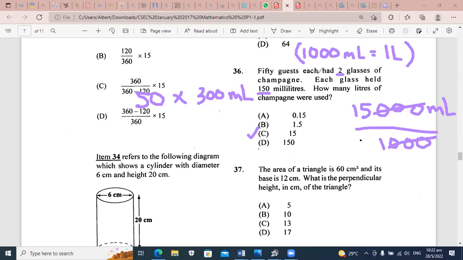You have 2 glasses in your hand, and each glass is 150 ml. But you have 2 of them, so it would be 300. And it's 50 of you, so it'd be 50 times 300 ml, which is 15,000. And 1,000 ml gives you 1 liter. So divide by 1,000, you get 15.